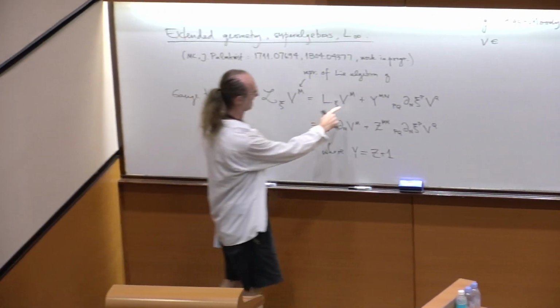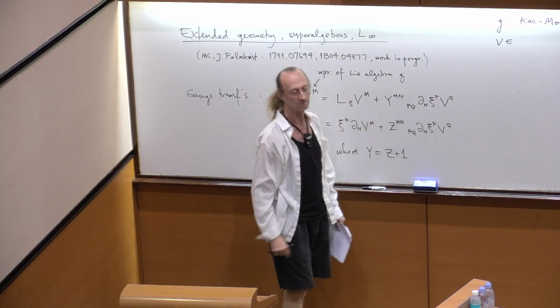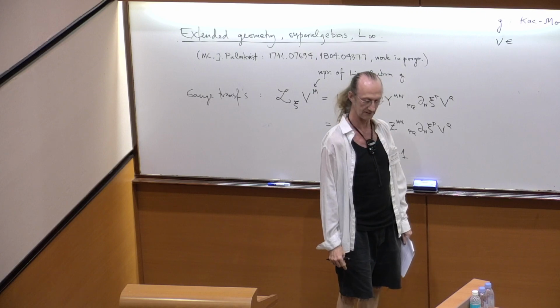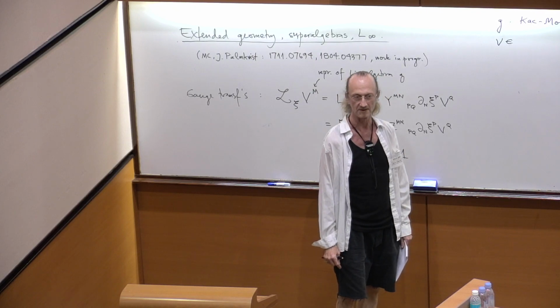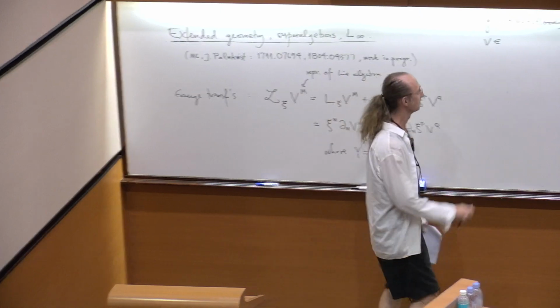And so, what kind of representation does V sit in? For convenience, we say that it's a lowest weight representation. We could take highest weights. It's just a matter of conventions.